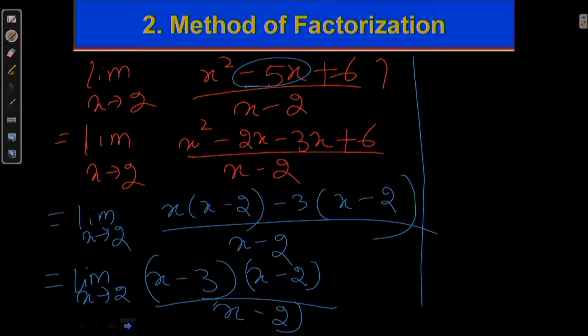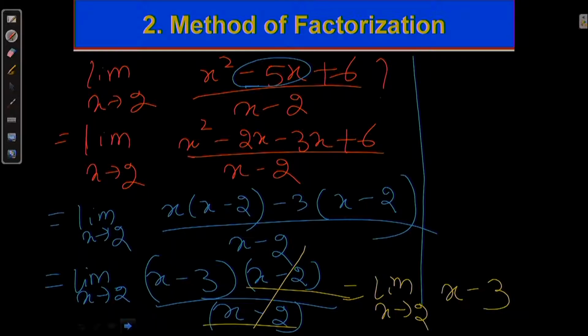What do you now observe? The numerator and denominator have x minus 2 common. Common means x minus 2 and x minus 2 will cancel. So the value becomes limit x tends to 2 of x minus 3.